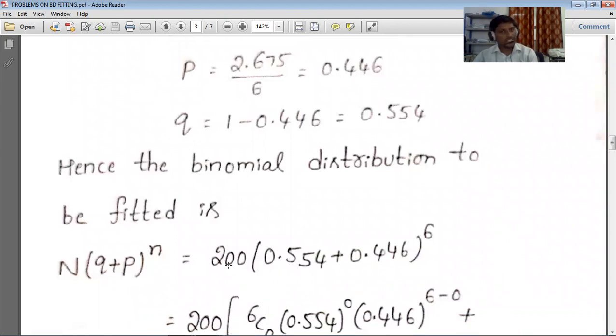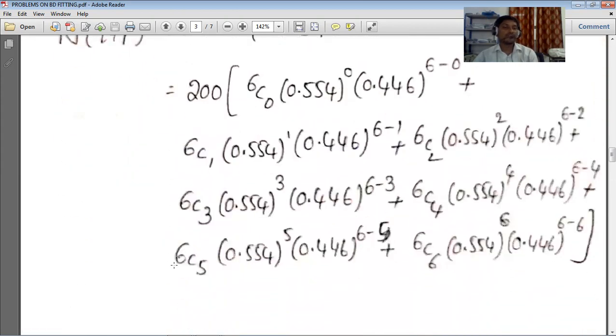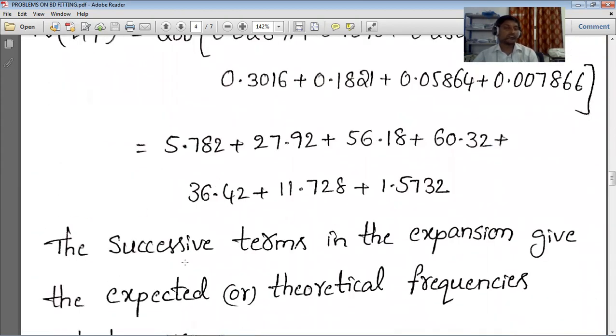Or you can first use the binomial expansion, the P of x formula, find P of 0, P of 1, P of 2, P of 3, P of 4, P of 5 and P of 6, then multiply by 200 to get the expected frequencies.